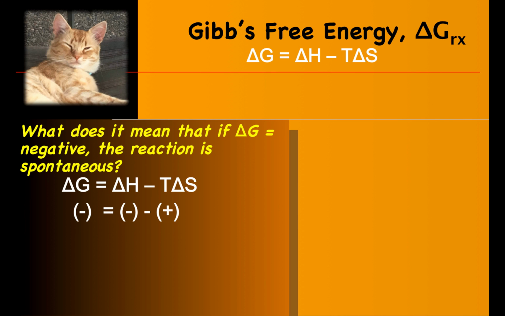Delta G will always be negative if delta H is negative, exothermic, and you're going to subtract temperature times delta S. If delta S is positive, that means you will always get a negative value for delta G if delta H is negative and you subtract a positive delta S. In other words, if the process follows the two tendencies in nature for reactions to proceed exothermically and an increase in entropy, that reaction will always be spontaneous.